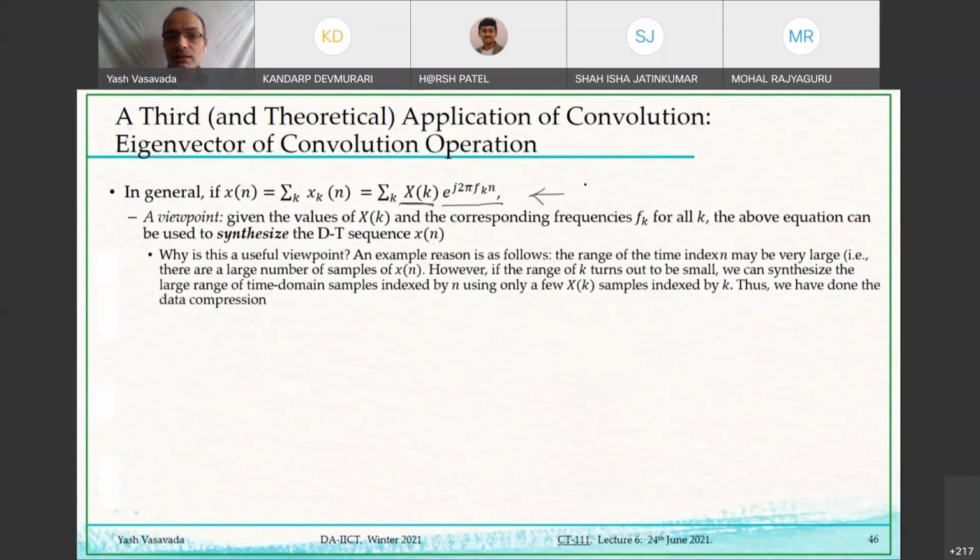The word synthesize should remind you, this is nothing but doing inverse discrete time Fourier transform of x of k, where x of k is in the frequency domain.